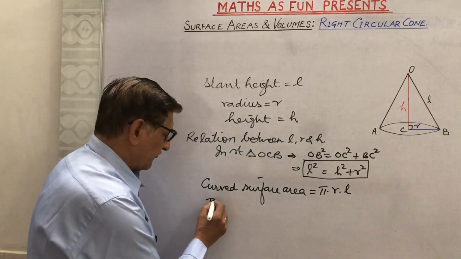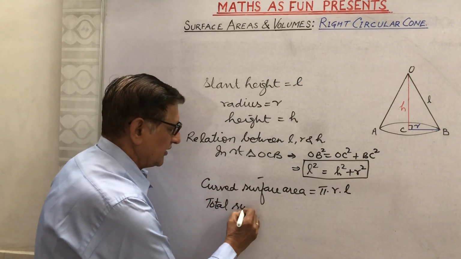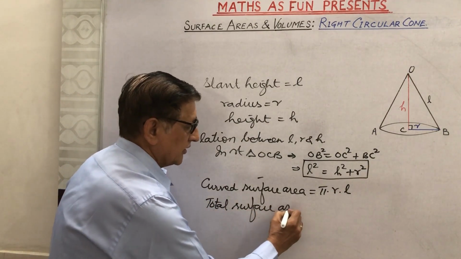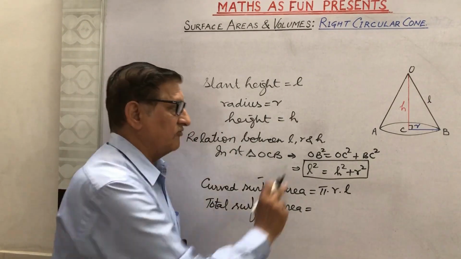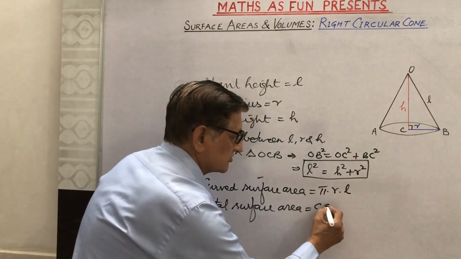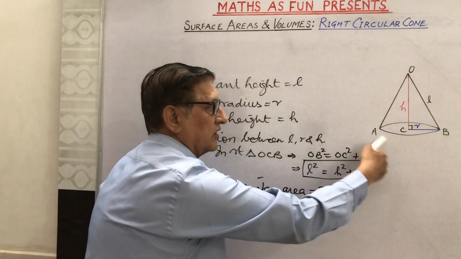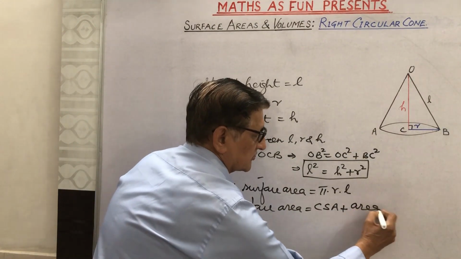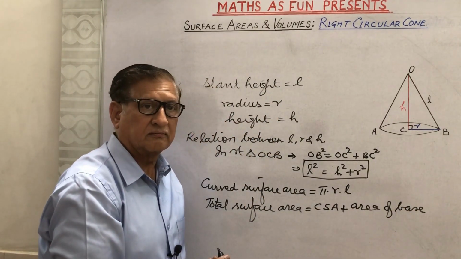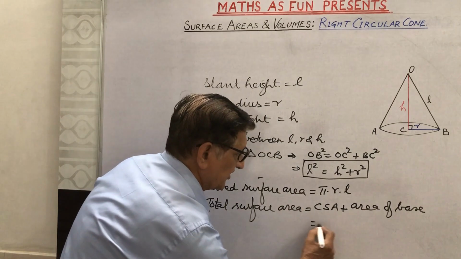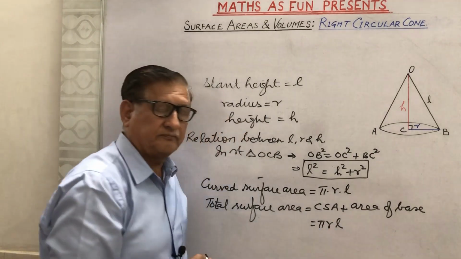Now suppose you want to find out the total surface area in case the base is also covered, then that will be equal to the curved surface area plus area of base, and base is a circle. The curved surface area is pi RL.